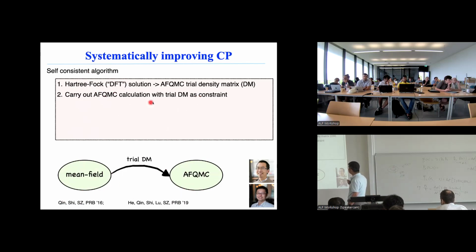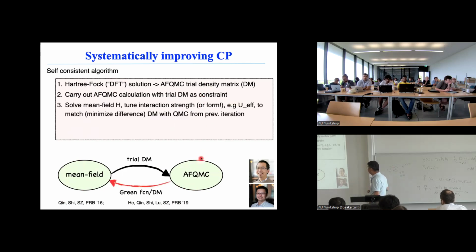You carry out AFQMC calculation with the trial density matrix as the constraint. And then you solve for the Green's function. You obtain the Green's function from your QMC. You feed this back. You could use any mean field you want. You can even introduce terms that are not in your Hamiltonian, right? All I'm saying is produce me a density matrix that mimics what I see in QMC.